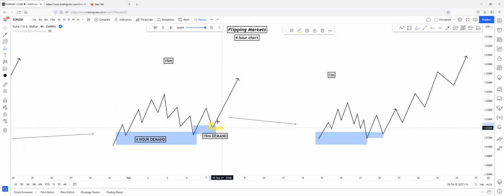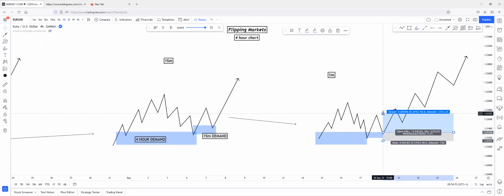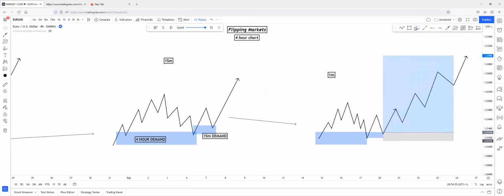After the tap of this 50-minute zone happened, price will change character on the 1 minute also. So it breaks through the last high point, a change of character, and it will create a demand zone. After the change of character, you can mark your demand zone out and take a trade on this demand zone, so take a long trade. And you can write the expectational order flow, which is this one, because it's bullish in this case.